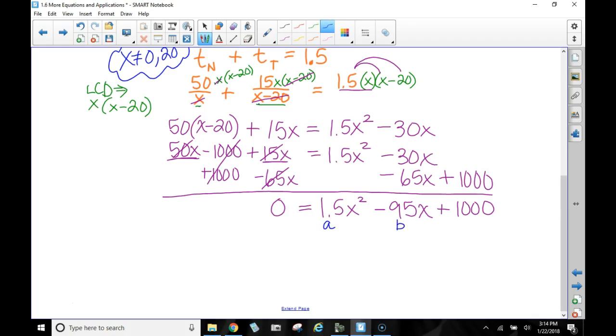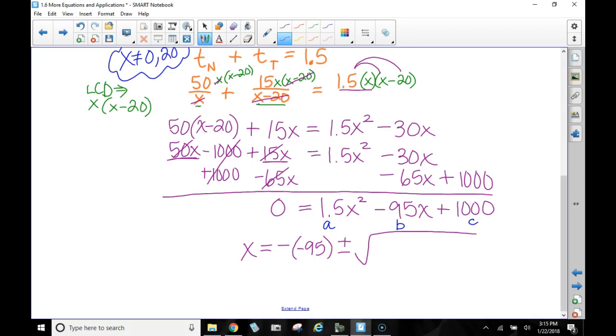There's my A value, there's my B value, there's my C value. So, we have x is equal to negative B, and y'all can go ahead and just write plus 95 right there, just 95, okay? Plus or minus the square root of negative 95 squared. Punch that into your calculator.